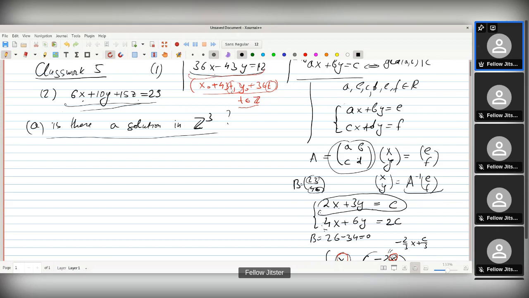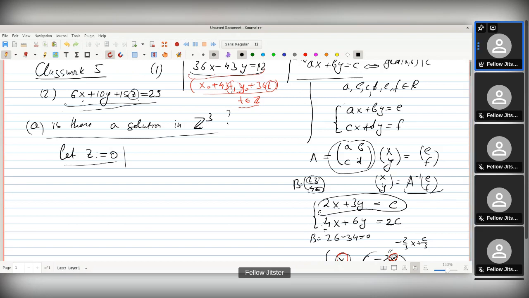Ladies and gentlemen, let us assign some value to one of these variables. Let z be what? At your choice. 0. But will it work?